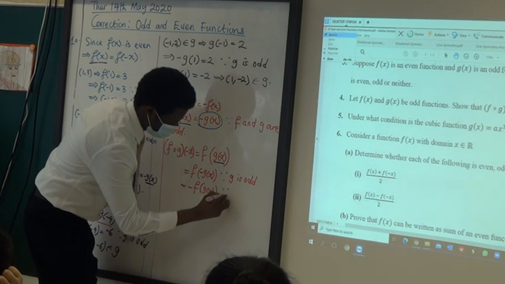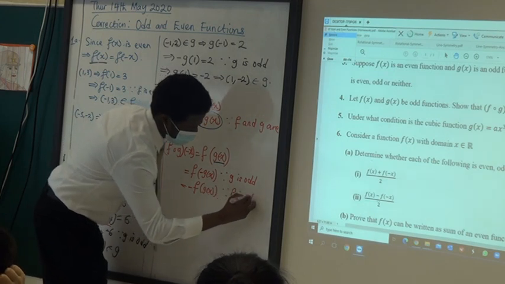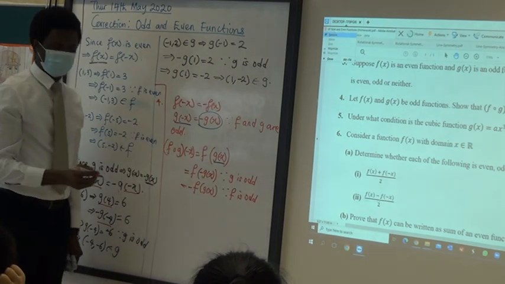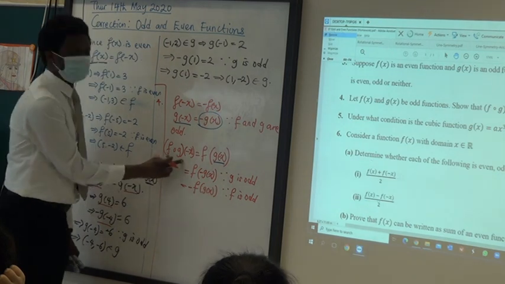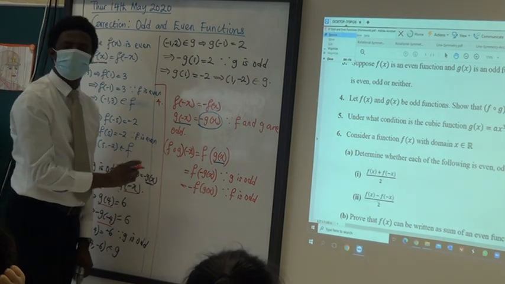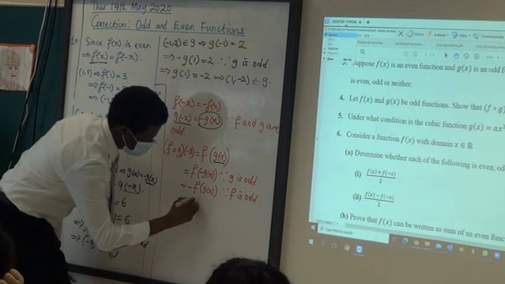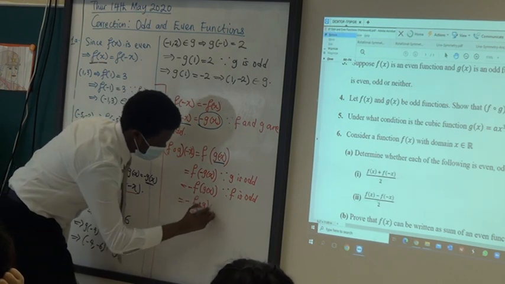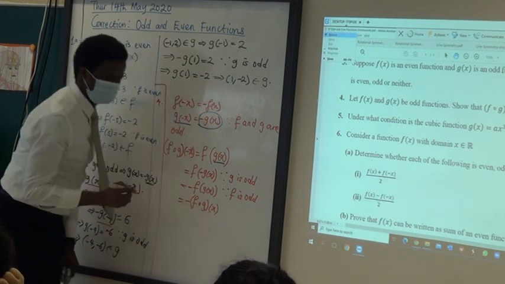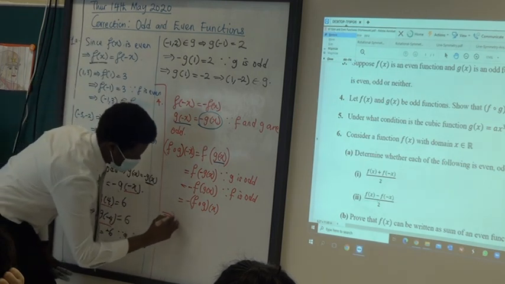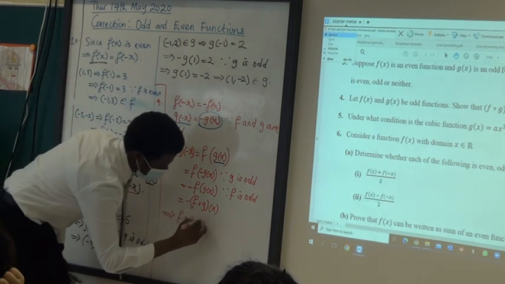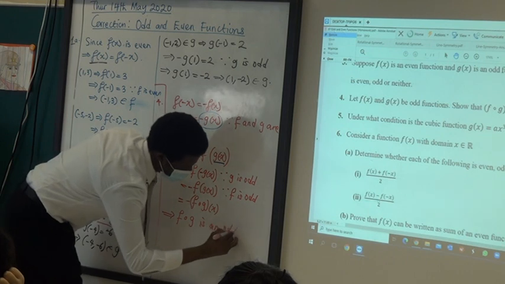F is odd. Can you see that? So now, by just mere definition of writing this using the composition symbol, this will now be negative f composed with g acting on x. And by this, it means that f composed with g is an odd function.